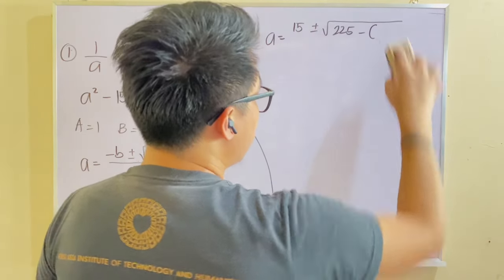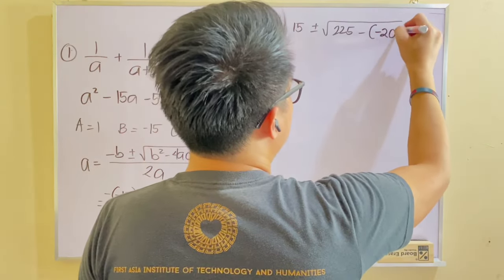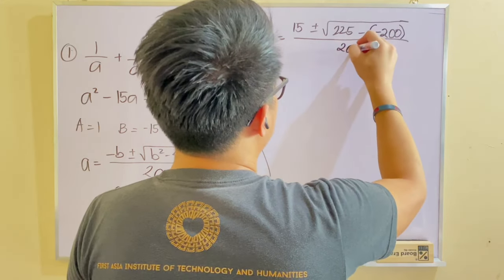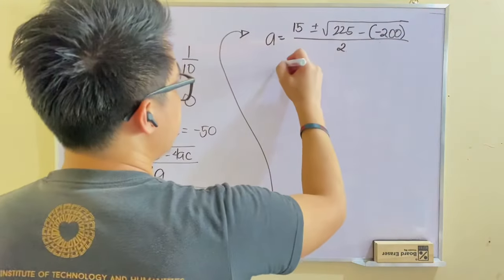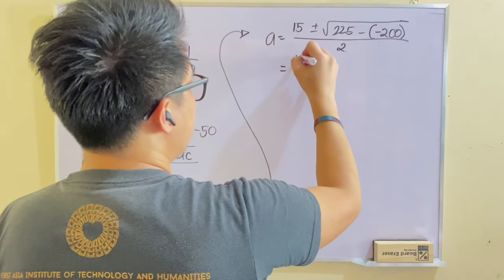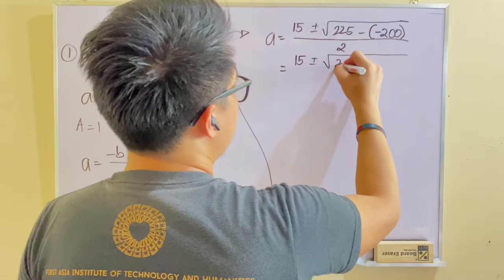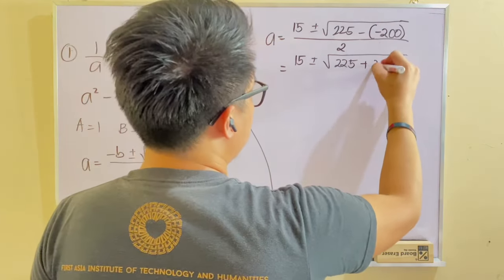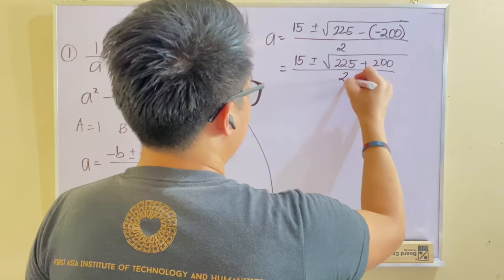So, negative 200, all over 2 times a, or 2 times 1, which is 2. Next, 15 plus or minus square root of 225. Negative times negative magiging positive, so plus 200 all over 2.